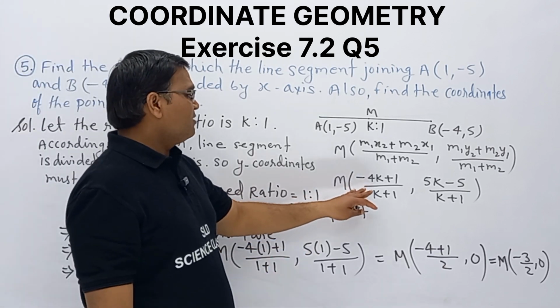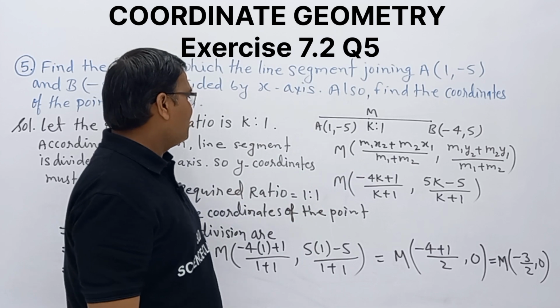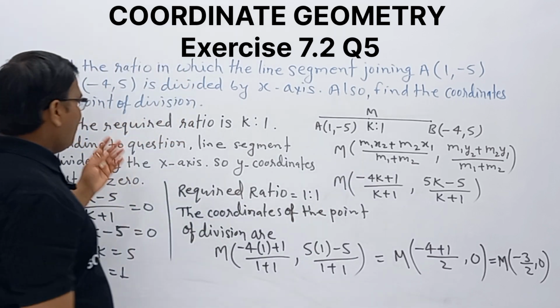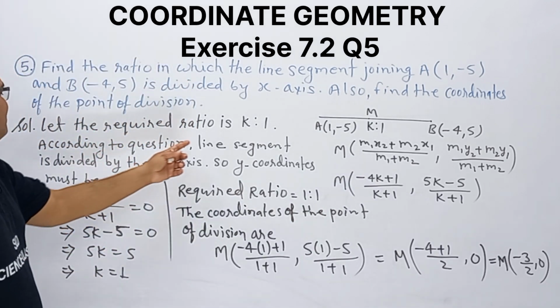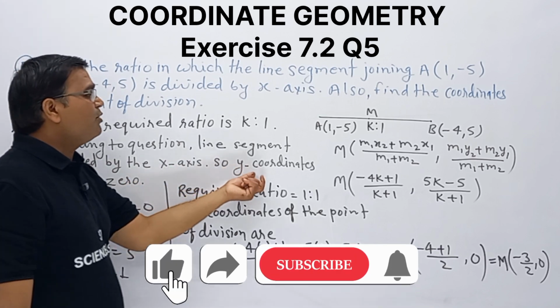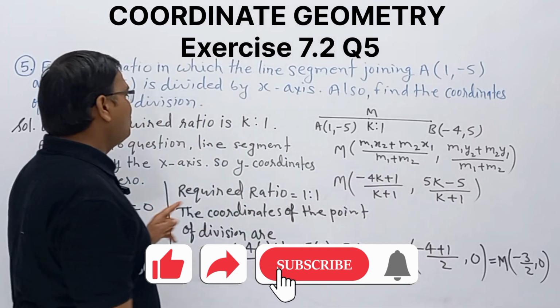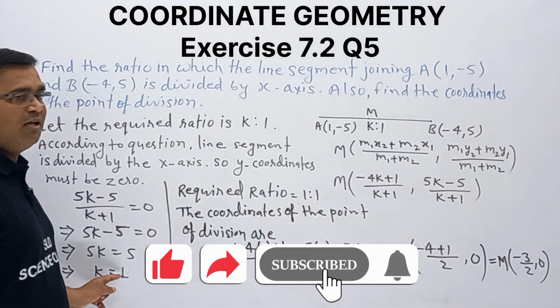As per the given condition, the line segment is divided by the x-axis, so the y coordinate will be 0. Putting this equal to 0, we get k equal to 1.